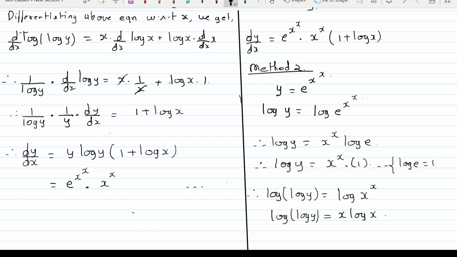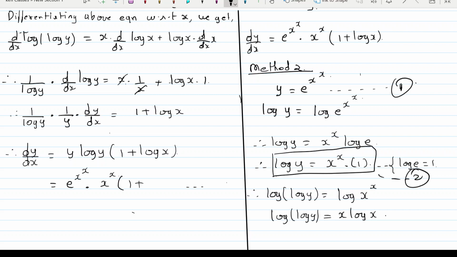It's over here, log y is over here, x raised to x. Okay, so this equation y is equal to e raised to x is equation 1, and this equation is 2. Now we have to substitute. So y we have substituted, log y we have substituted into 1 plus log x, by 1 and 2.